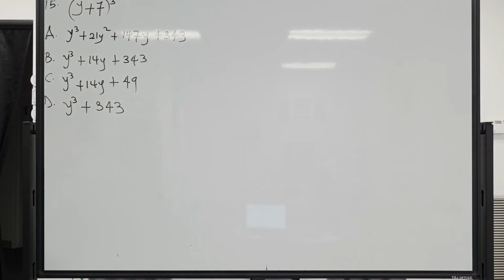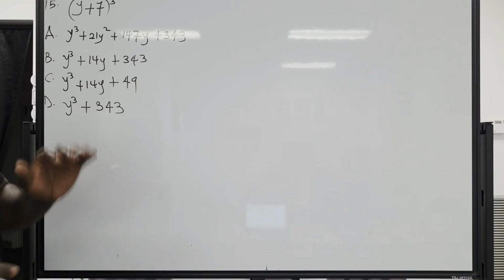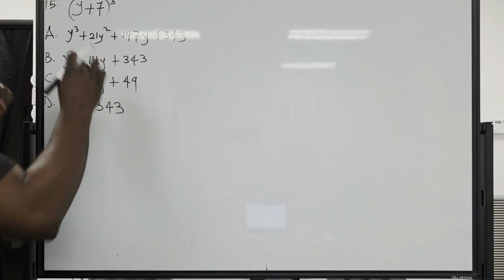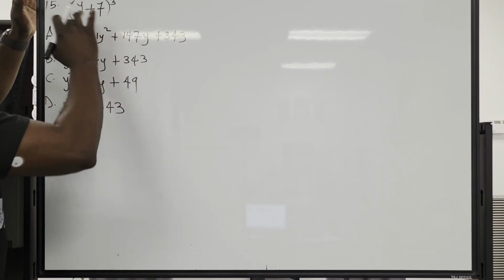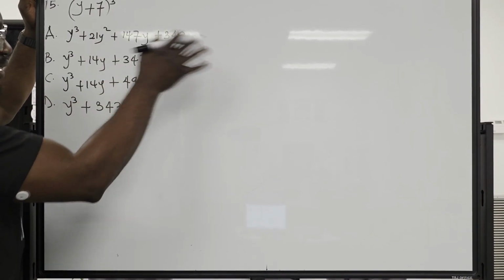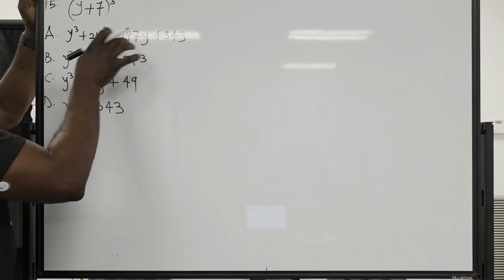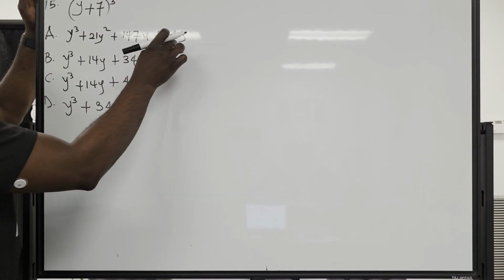So the question is, which of these right here is the same thing as this? I'm going to give you a quick hint. In the exam, you only have 67 seconds, right? So you want to quickly identify your answer. The first and last terms of this expansion are going to be the first and last. I'm not talking about what is in between, but the first one and the last one.